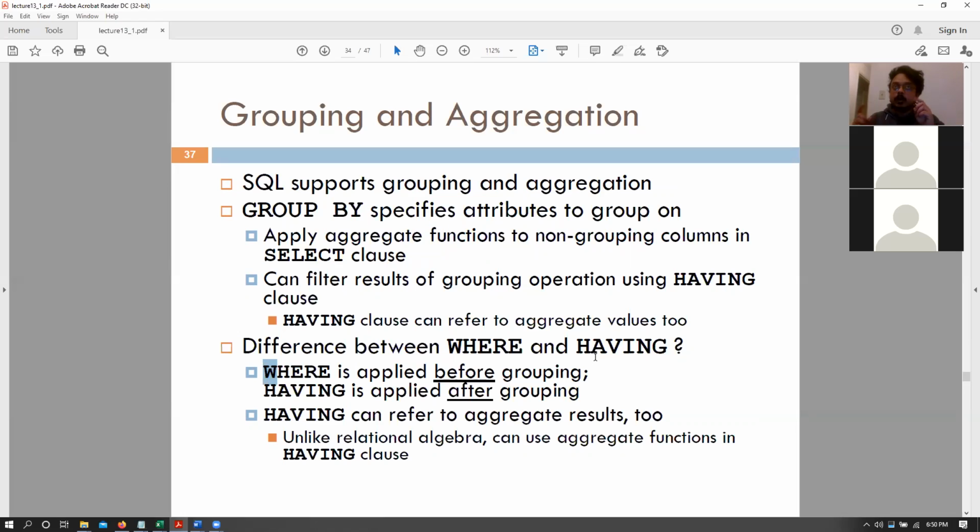Now, remember all of those situations where, let's say, get me all the accounts where the balance is the max balance, right? So we cannot use the where clause with grouping operations because the where clause is applied before the grouping operations.